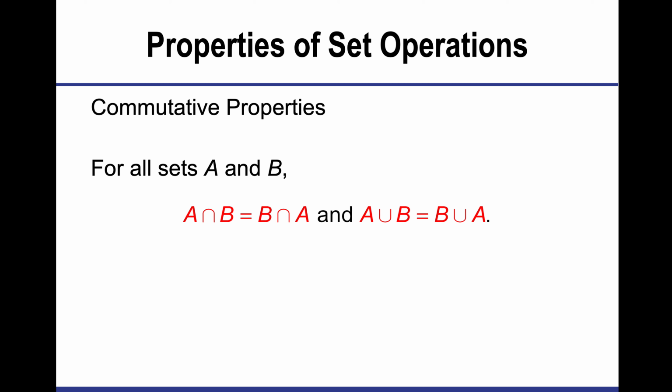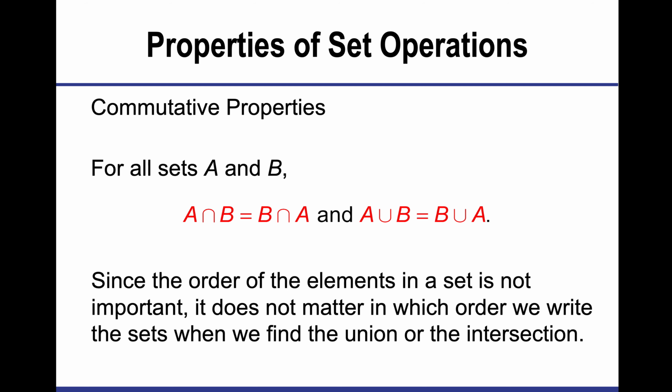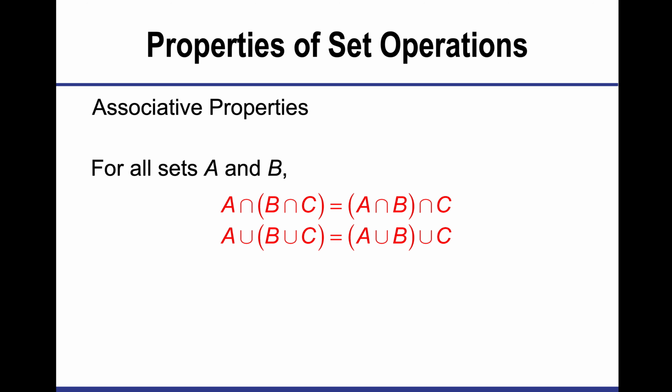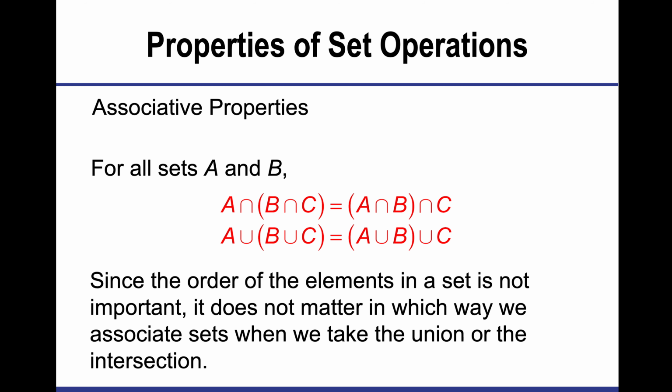So I have commutative properties, meaning that they can switch sides. It doesn't matter if it's A first or B first, we're going to arrive at the same answer. So set operations are commutative when I'm looking at OR statements. The associative property applies to set operations by moving the parentheses to do things in a different order, and it will not change the final answer.